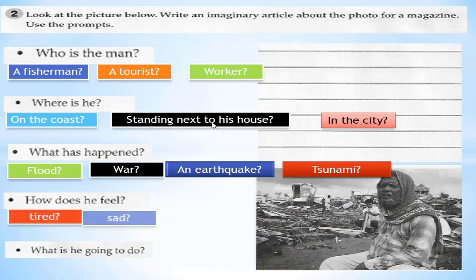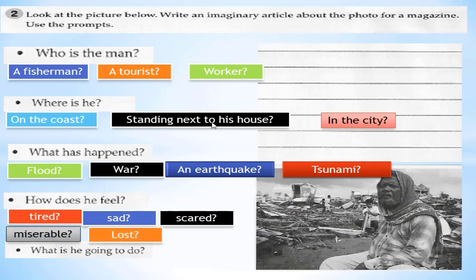Tired, or sad, or scared, or miserable, or lost? Tell me in your article. What is he going to do? What do you think? Is he going to travel, move and leave this place?